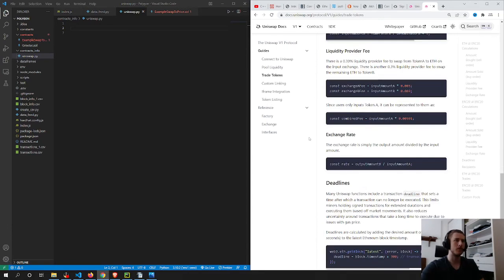There is a 0.3% liquidity provider fee to swap from token A to ETH on the input exchange. There is another 0.3% liquidity provider fee to swap the remaining ETH to token B.